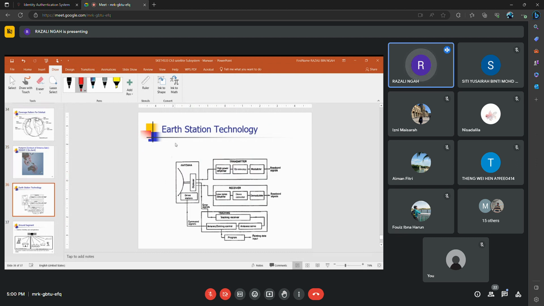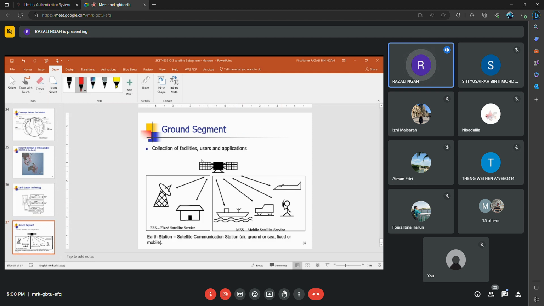In terms of station technology, not all stations have tracking. For example, for GEO satellite, we don't have tracking.